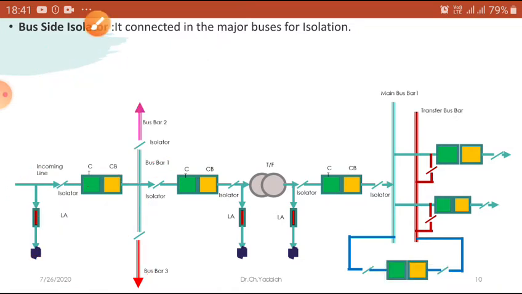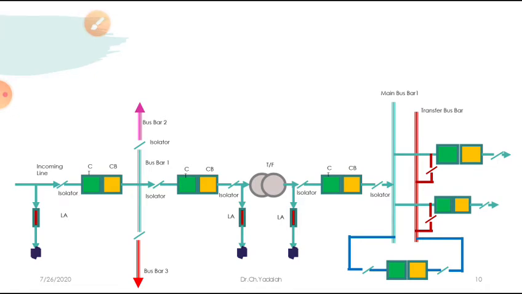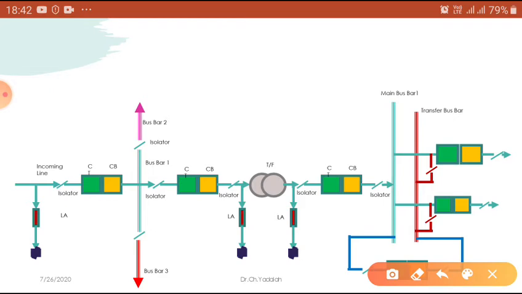Whether one is a standby, two can be operated, or one can be operated and two is on standby operation. Under that condition, whatever the load here, suppose similarly one PTR is connected here, another PTR here, and another PTR similarly.